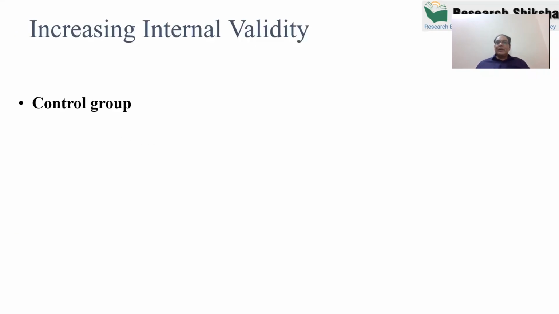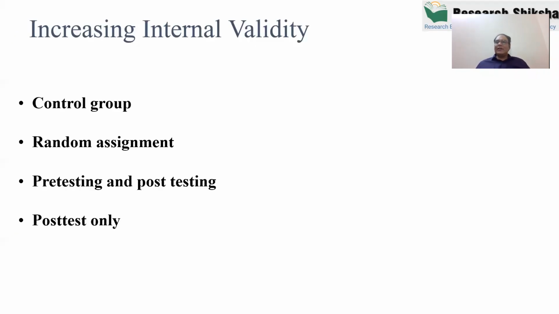Okay. Now, there are some research designs. There are many experimental research designs to solve the problem of internal validity. I am going to discuss some basic designs in this session, but not the very advanced experimental research designs, because they will take a lot of time. Now, control group, random assignment, pre-testing, post-testing.